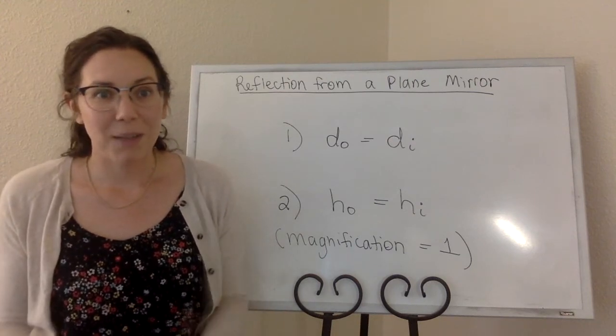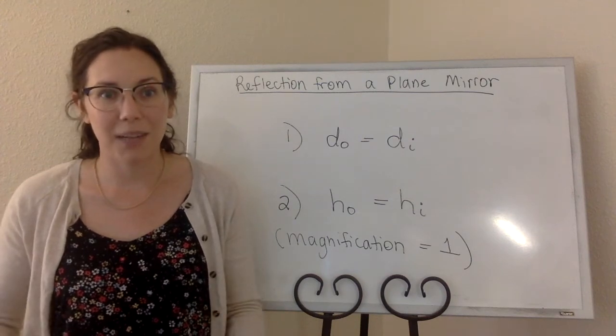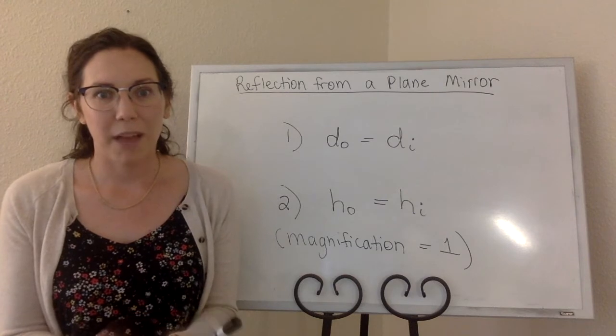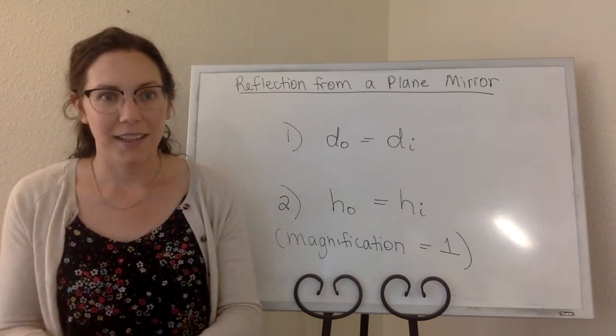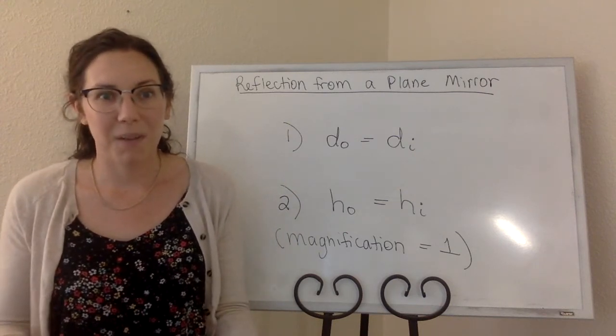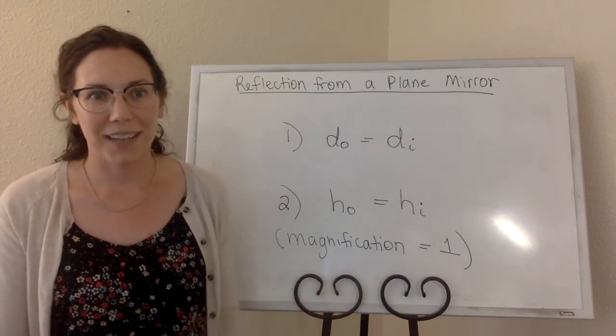The second, and we know this too, is that the image height equals the object height. So we see objects at the exact same size, their actual size, when we look into a flat plane mirror. This means that the mirror has a magnification of 1. After this section, we're going to look at other types of mirrors that produce images with different characteristics, but this is just for a plane mirror.